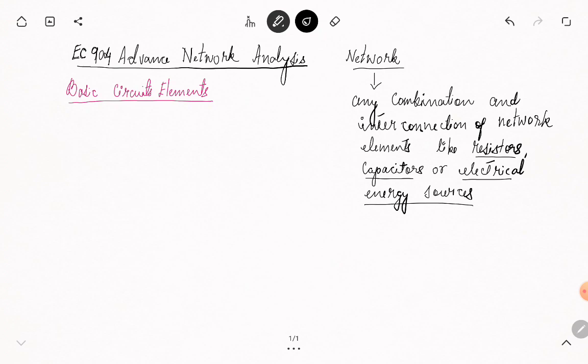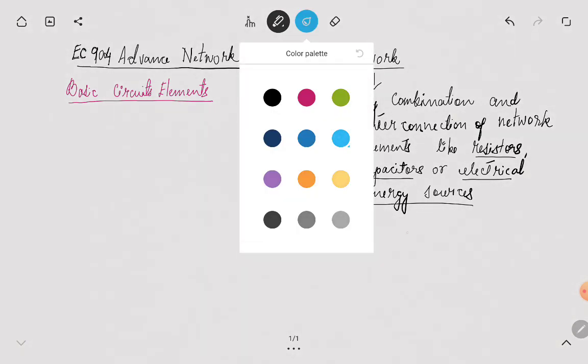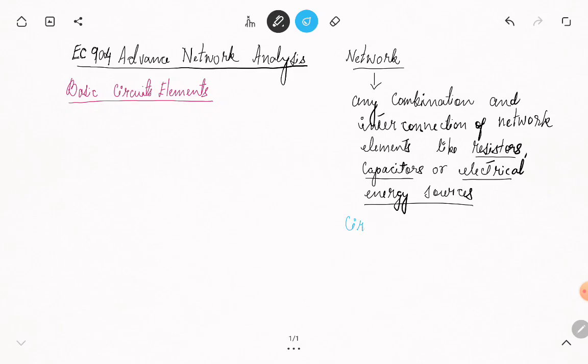And what is a circuit? A circuit is also a network, but it should have an energy source and it should be closed. So a circuit is a closed energized network.